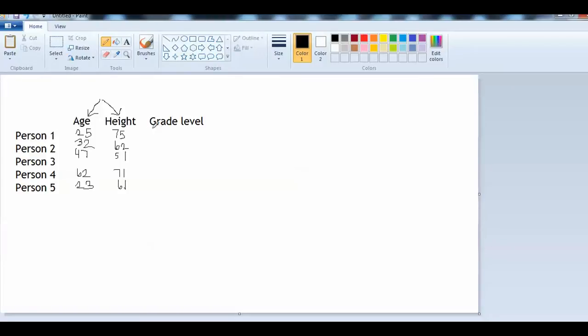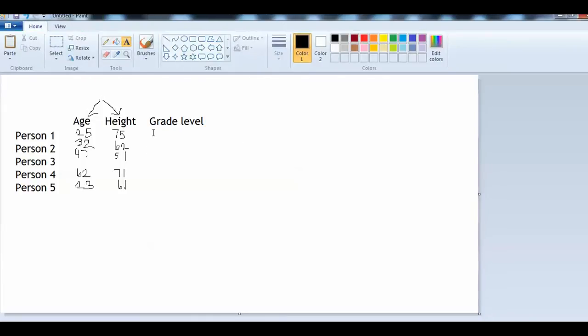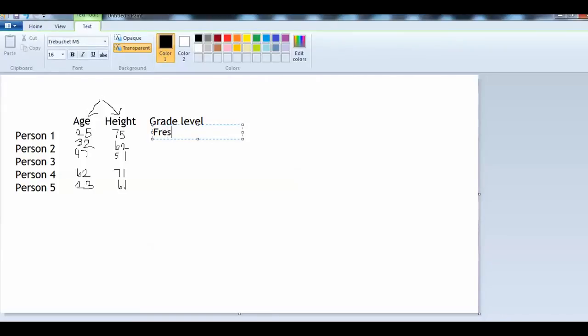So maybe one person says that they're a freshman. Maybe the next person says sophomore. Maybe we have a junior, and then another freshman, and then a senior.